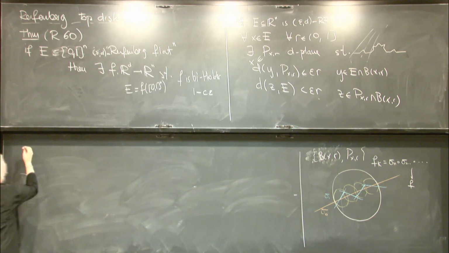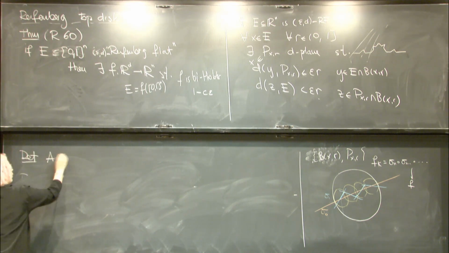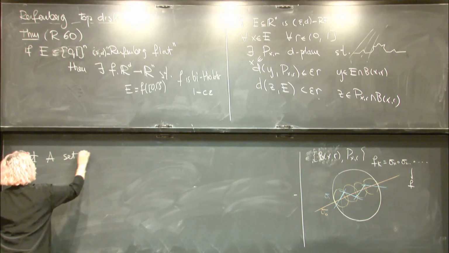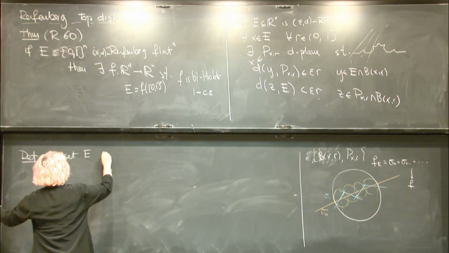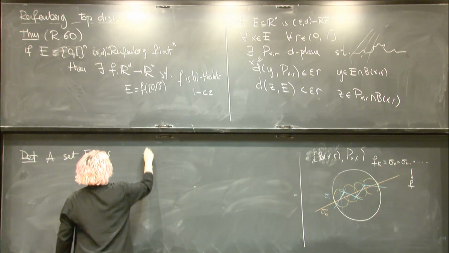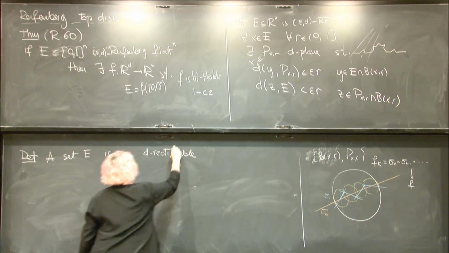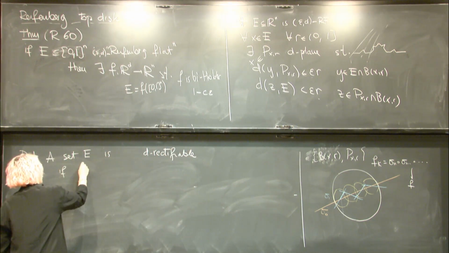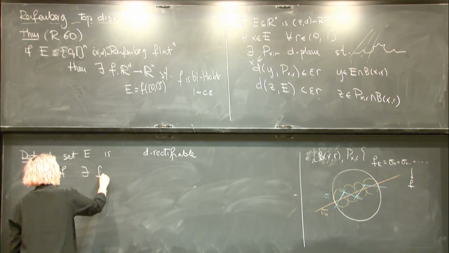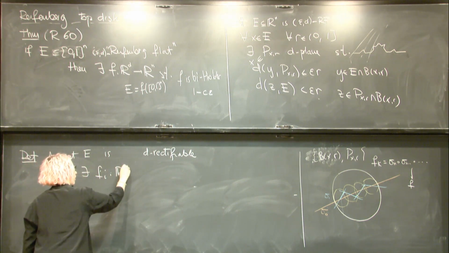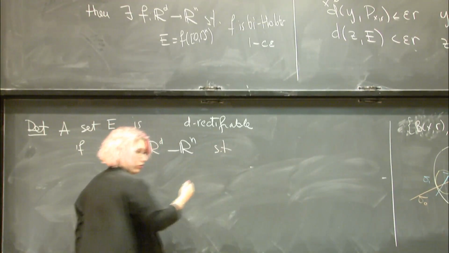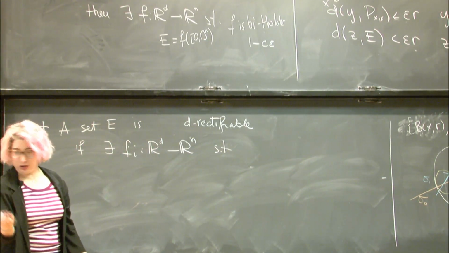All right. I'll write a definition, which you all perfectly know, but it will make sense while writing. E is rectifiable if there exist maps Fi from Rd to Rn, because it's up to measure 0, a countable union of Lipschitz maps.